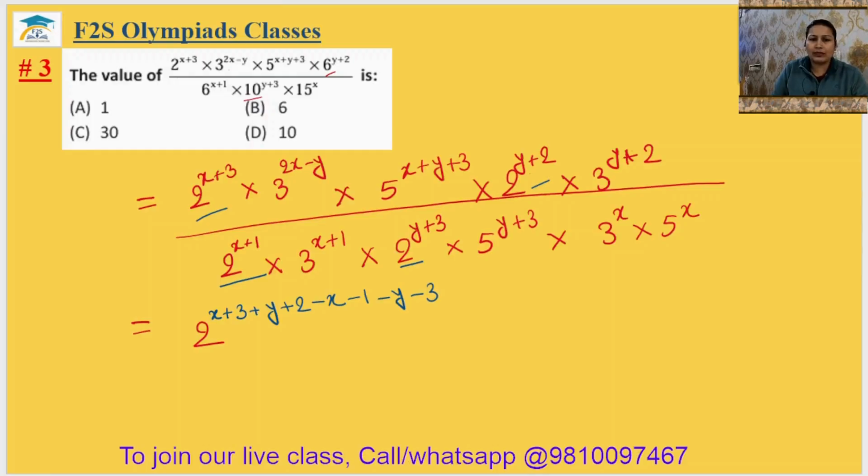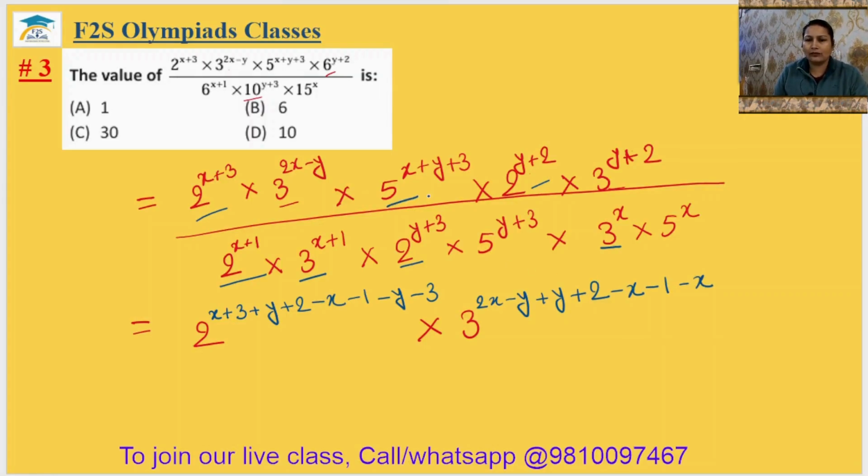Okay, multiply by, now we will take the 3's power. So 3 to the power 2x minus y plus y plus 2, and again we have 3 here also, so it will be minus x minus 1 minus x.